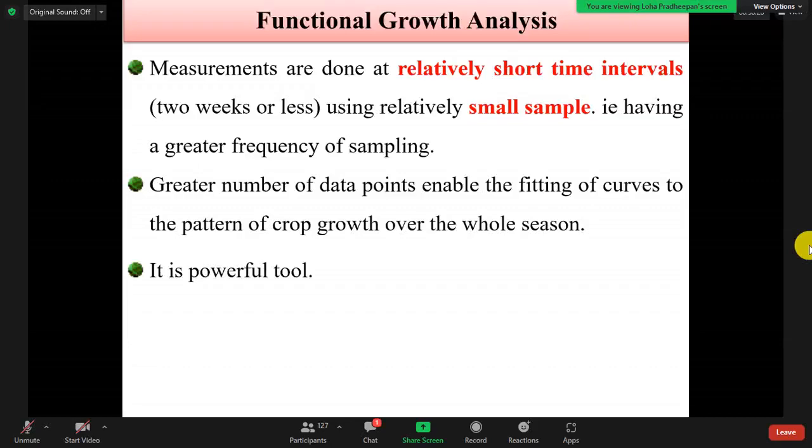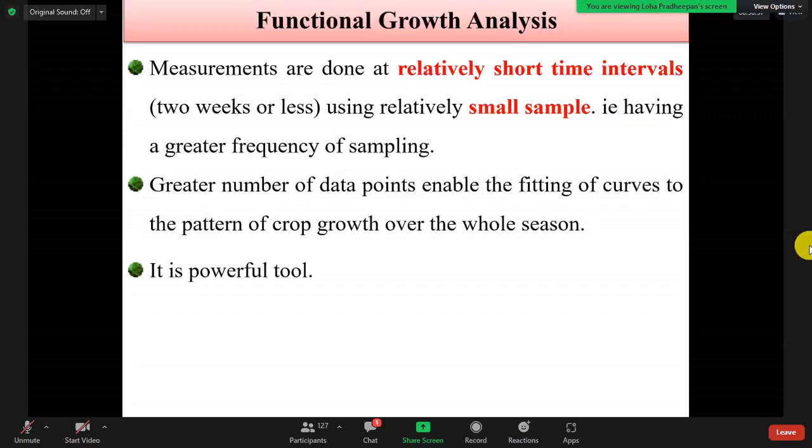So in the functional approach, the time period for sampling is shorter, and due to that we get a small amount of sample. But if you plot the graph of dry weight versus time, we can get more data points. So the graph will show each and every growth stage of the plant in its life cycle. So this is a powerful tool.